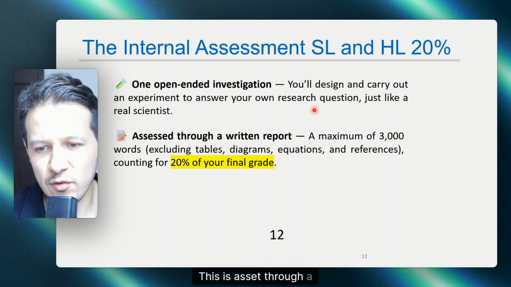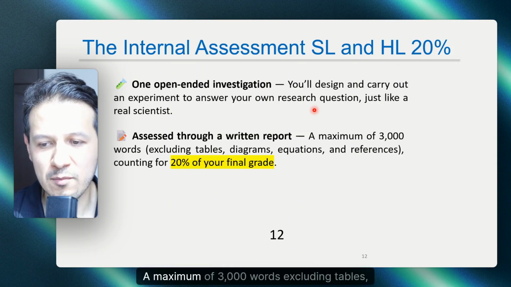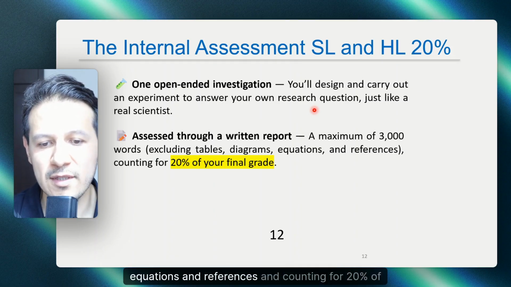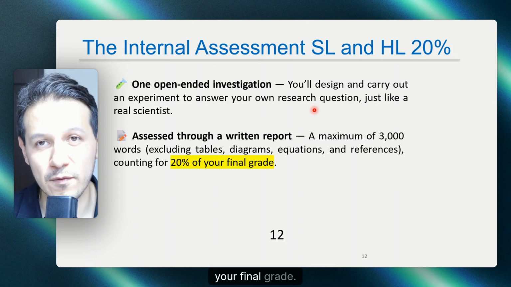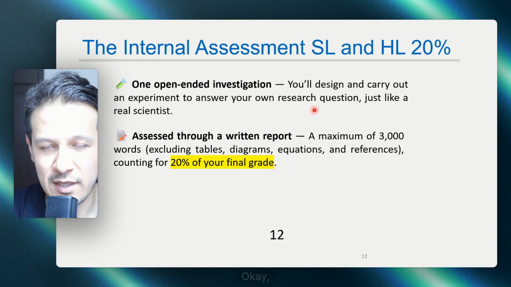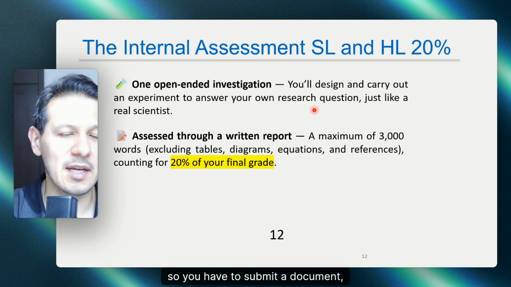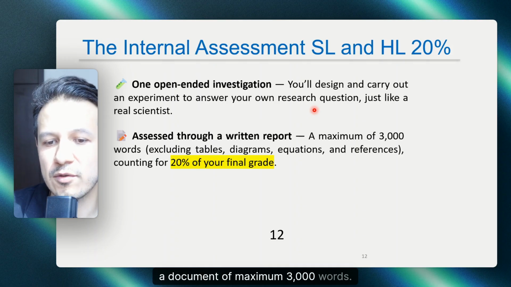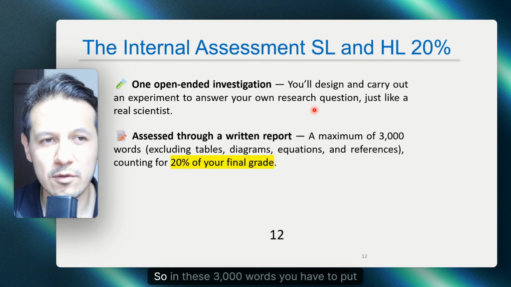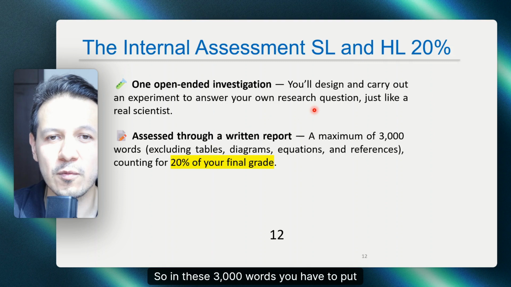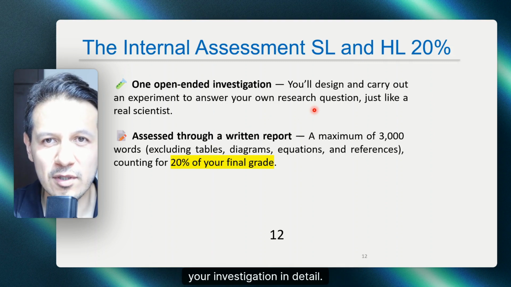This is assessed through a written report, a maximum of 3,000 words, excluding tables, diagrams, equations, and references, and counting for 20% of your final grade, as I mentioned before. Okay, so you have to submit a document of maximum 3,000 words. In these 3,000 words, you have to put your investigation in detail.